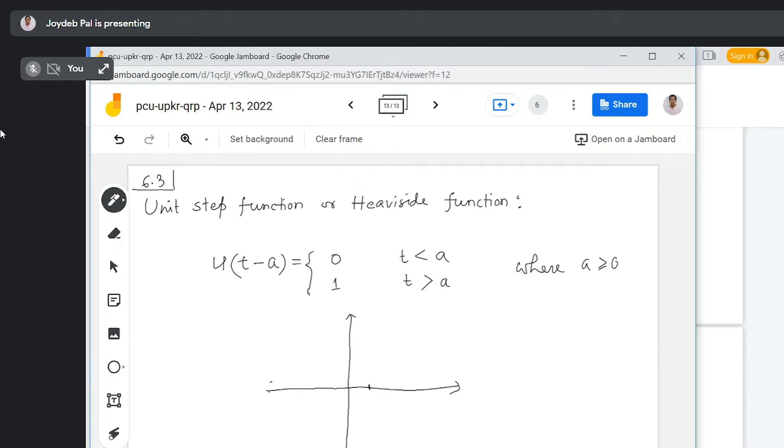That means it is lying on this axis, the t axis, right? And whenever t is greater than a, the height of the function is 1, and it continues till infinity, t greater than a. Fine. So that is the graph.